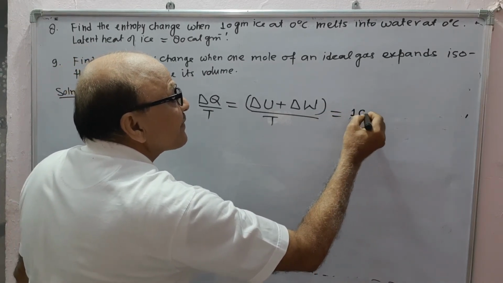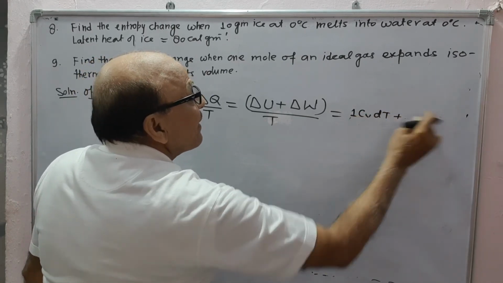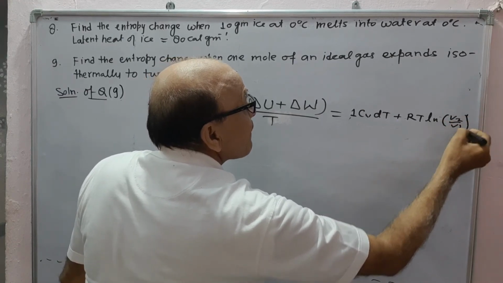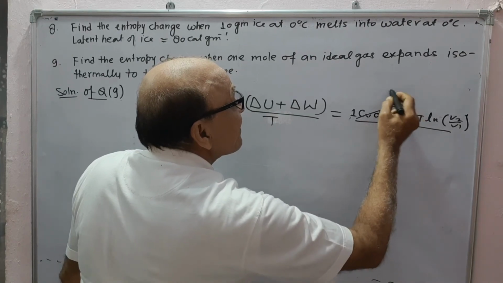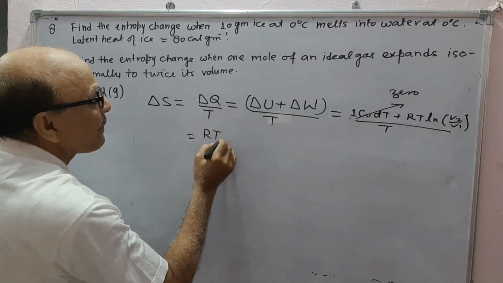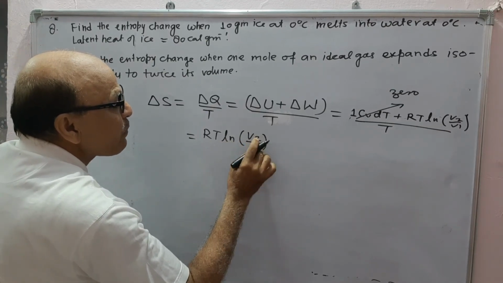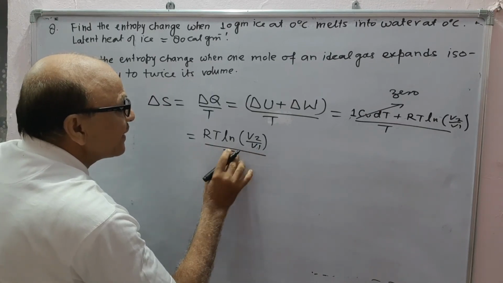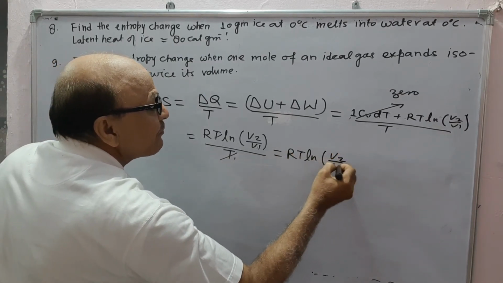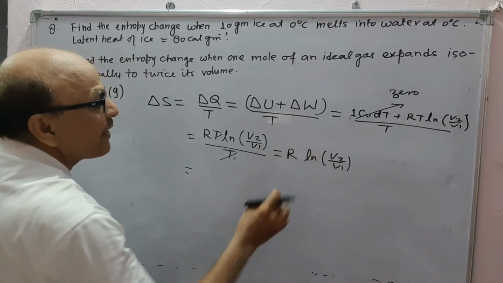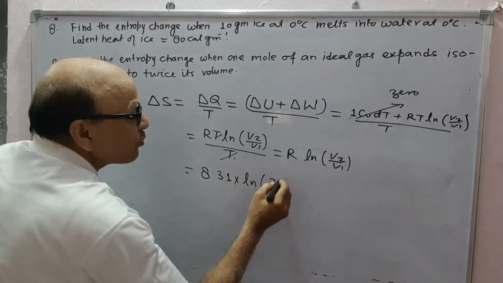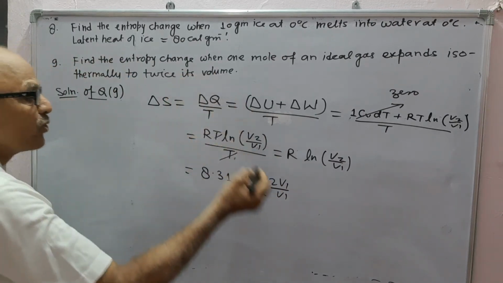For 1 mole it is CV dT, plus work done is RT ln V2 upon V1, upon T. The delta U term is 0 because temperature is constant, therefore entropy change will be equal to RT ln V2 upon V1 upon T. T gets cancelled, giving R ln V2 upon V1, where R is the universal gas constant 8.31, into ln 2V1 upon V1 because volume is doubled.